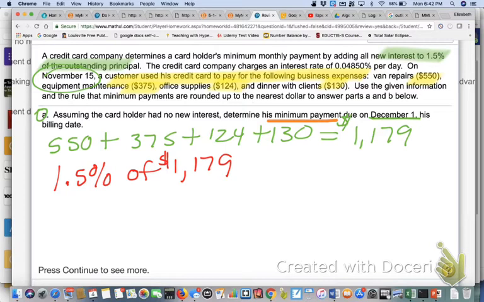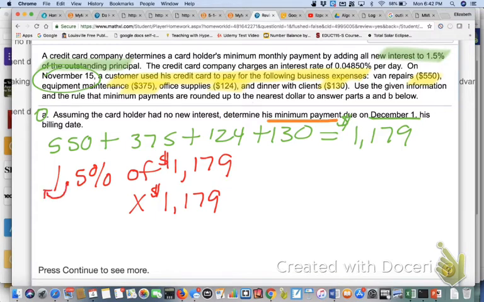In math, the word "of" is a code word for multiplication. I'm just going to bring that $1,179 down. Remember that to use the percent formula, you've got to convert this percent into a decimal. The way you do that is by moving the decimal over 2 places to the left.